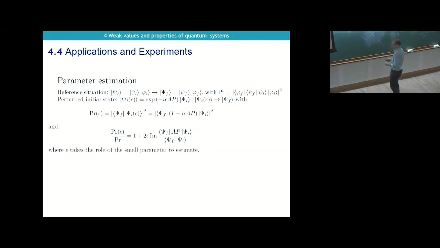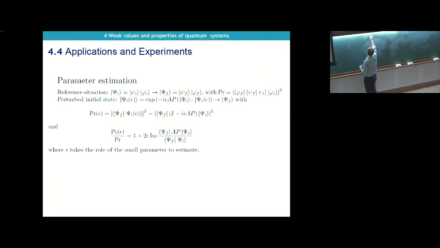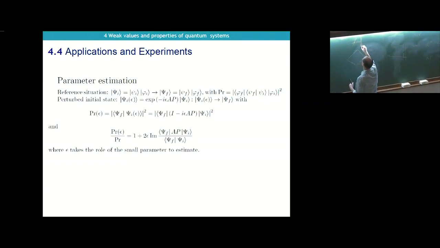Typically, this has been applied, for example, if you have a beam, then a birefringent crystal, then you will have a small displacement of the beam as a function of the polarization, and then here you will make a final detection. What you want to know is what characterizes the crystal, which is the parameter you want to estimate, and you can read this in the position-dependent displacement you see in the beam.